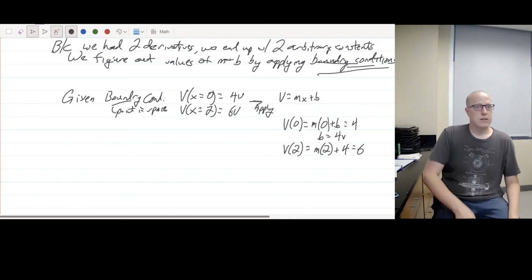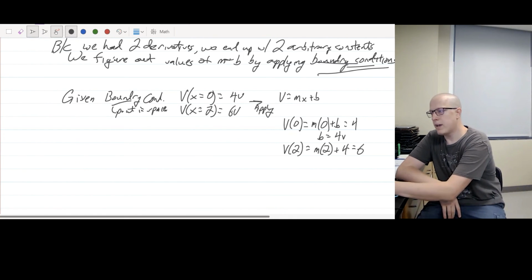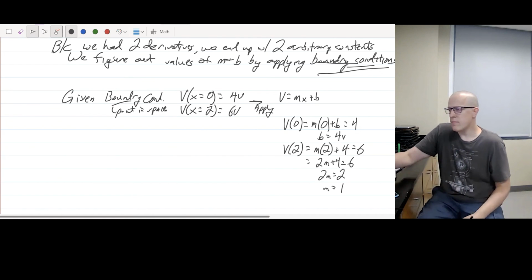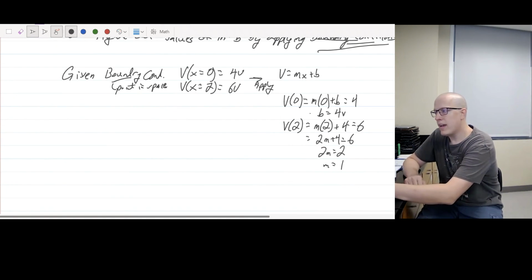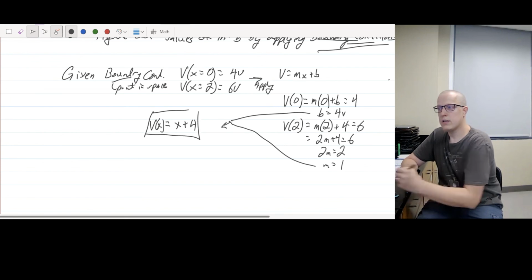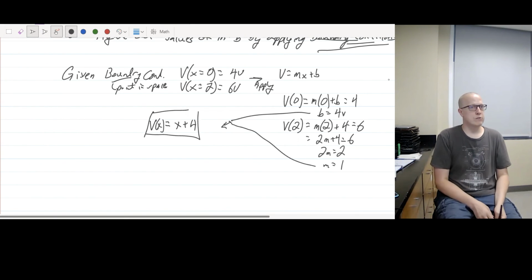I'm just showing that we can plug these in to get our values, right? And so this then gives me 2m plus 4 equals 6. Subtract 4 from both sides, I get 2m equals 2, so m is equal to 1, right? And so now we have both our value of m and our value of b, and so v of x is really just equal to x plus 4, applied to those boundary conditions.